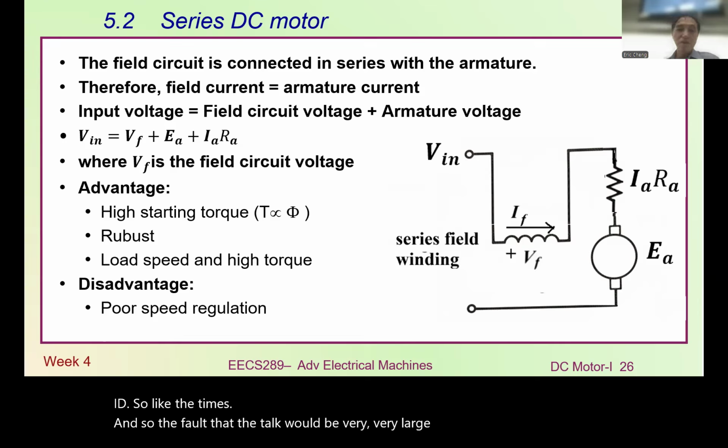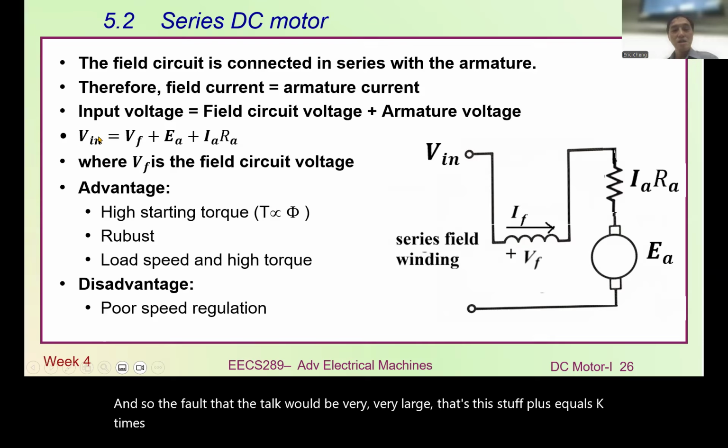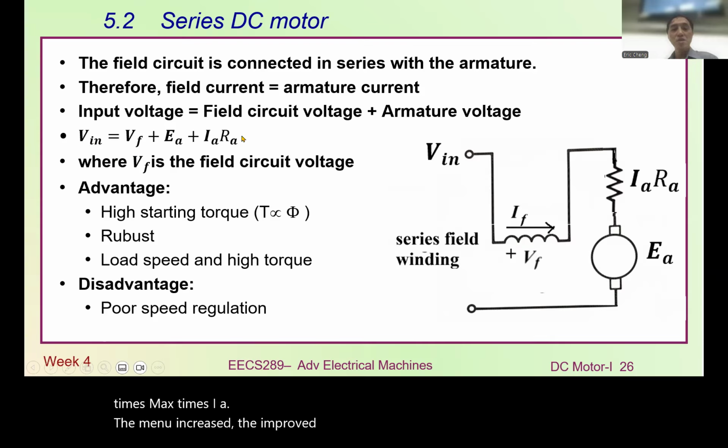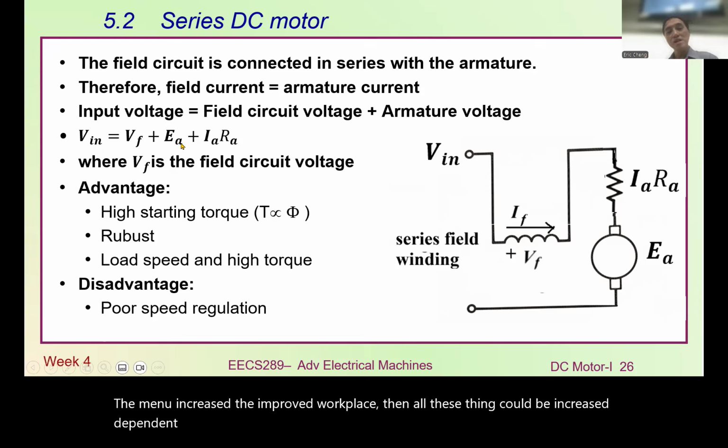Is that torque equals K times flux times IA? When you increase the input voltage, all these things could increase. And EA here is mainly proportional to the speed.